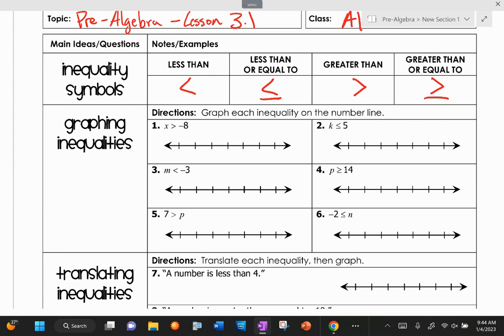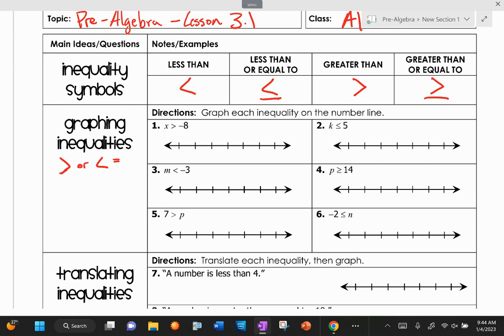So x is greater than -8. First, if I have a greater than or a less than, what kind of point are we putting on the line? An open circle or a closed circle? Does anybody remember? On the graph.